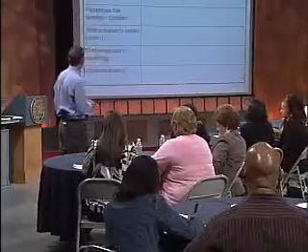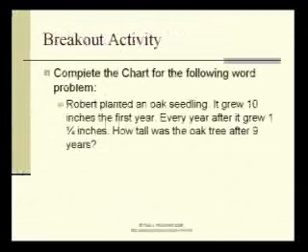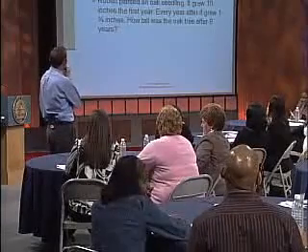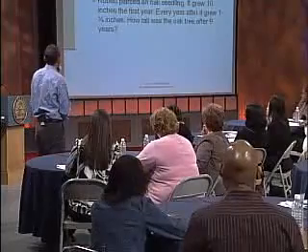So with this, back to our Robert, what I want you to do is, okay, who or what is involved in this action? So let's see. Let's go back to the word problem here. No one's writing anything at this point. Let's see. Robert planted an oak seedling. It grew 10 inches the first year. Every year after it grew 1 1/4 inches. How tall was the oak tree after 9 years?